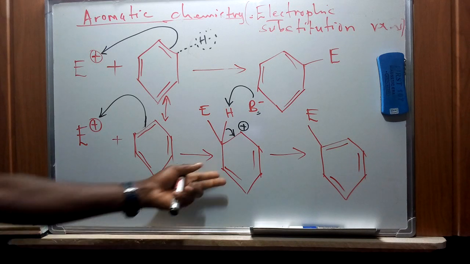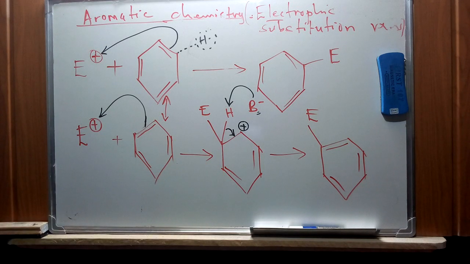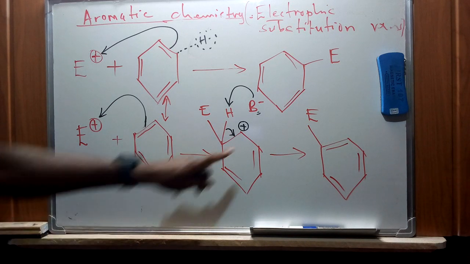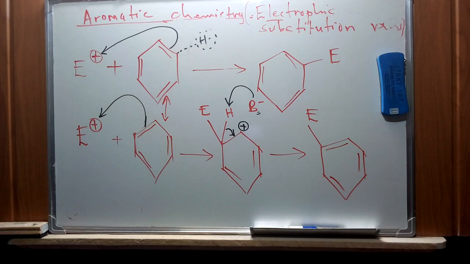Now in this case, this is the rate determining step. And the last step we talked about is the loss of hydrogen or the proton from the carbocation to restore the carbon-carbon double bond and the aromatic system.